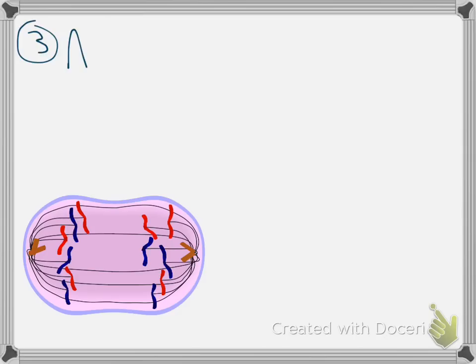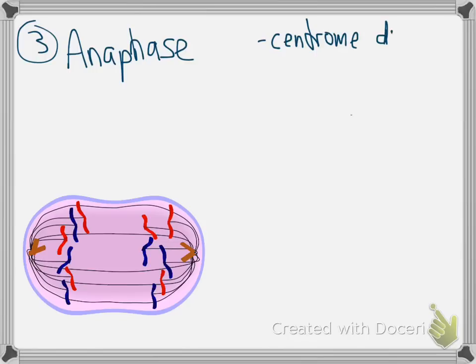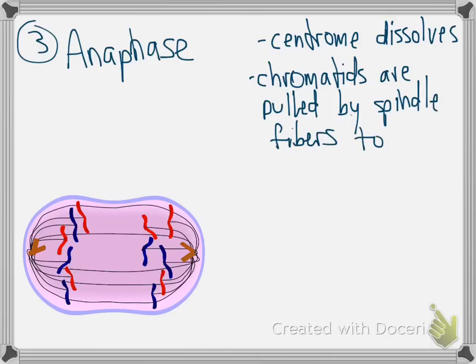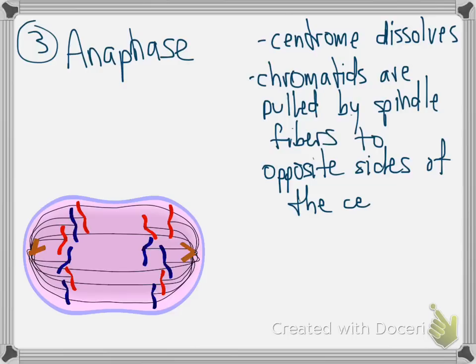Let's move on to our third stage of mitosis, which is called anaphase. Now you'll notice that those chromosomes that were all lined up in the middle have been pulled apart. The first thing that happened is that the centromere, that dot that was holding those 2 chromatids together, dissolved. The spindle fibers pull the chromatids apart, and they pull them to opposite ends of the cell.